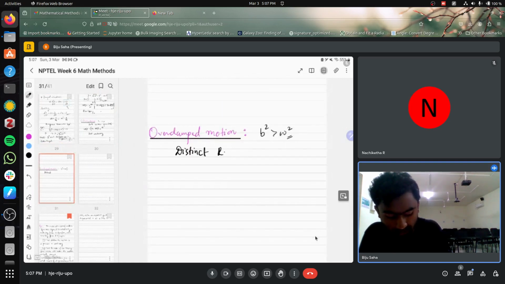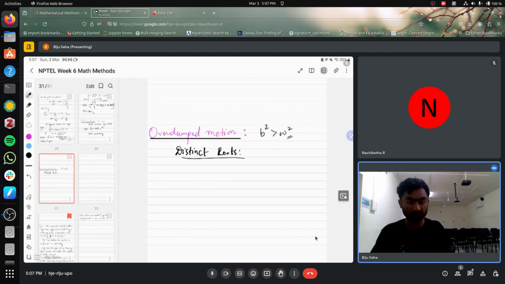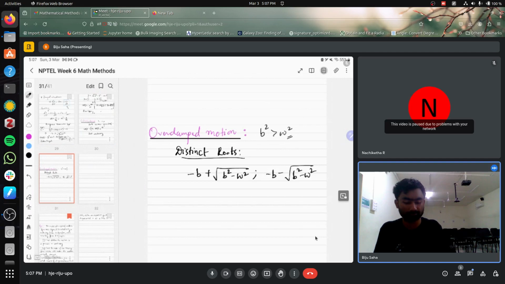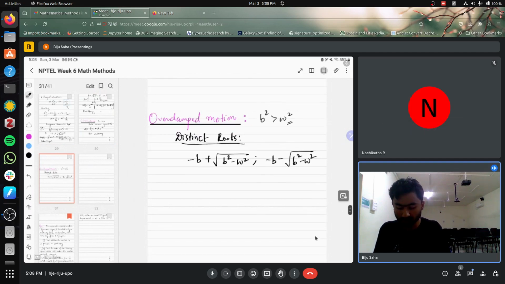They are not in complex conjugate pairs since both of them are real and distinct. So these are the two roots. You can define some variable, let's say b to be this.